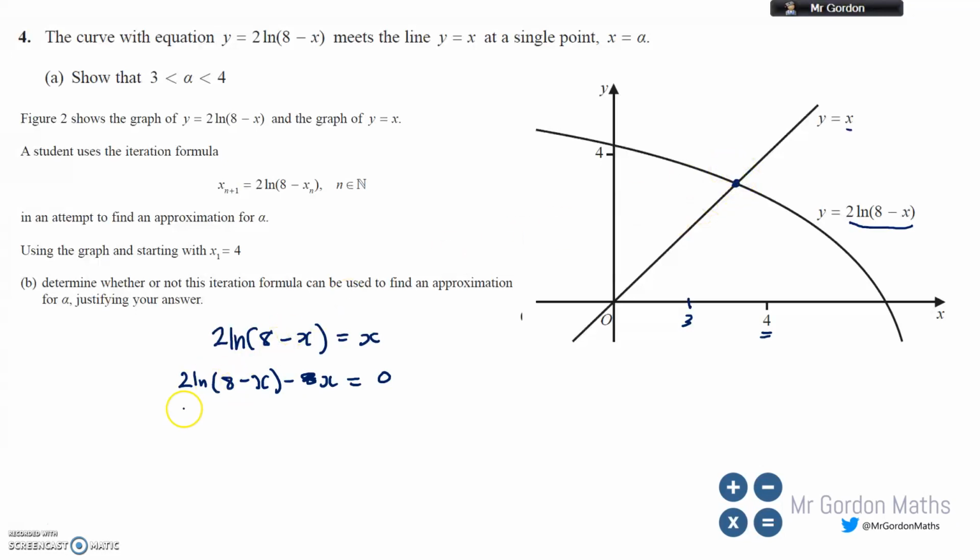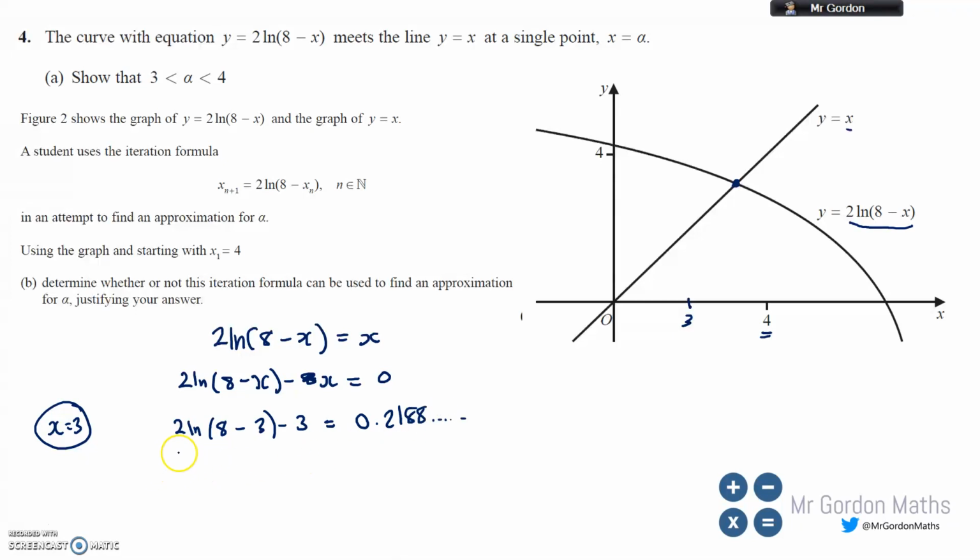I'm just going to sub in the two values 3 and 4, and we'll see what we get. If we put in x equals 3 first, put it into your calculator, I've got this saved ready to go. I'm getting 0.2188 something.